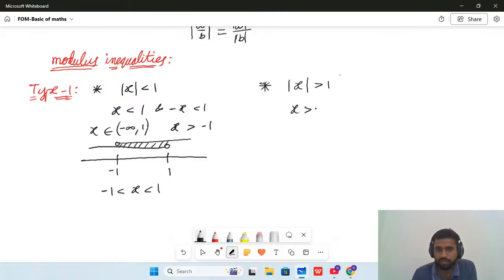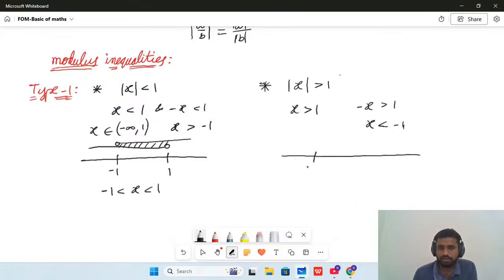If I open with the positive, x is greater than 1, and if I open with the negative sign, minus x is greater than 1, so x is less than minus 1. So one interval is x greater than 1 and another interval is x less than minus 1.